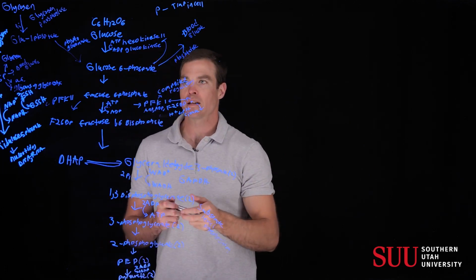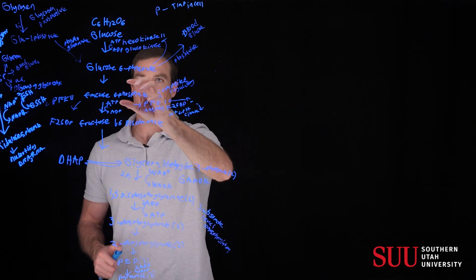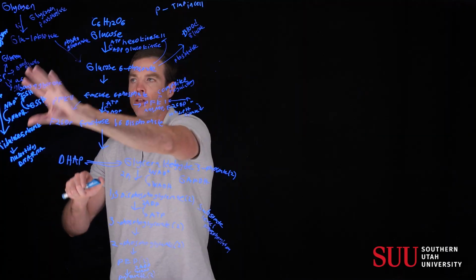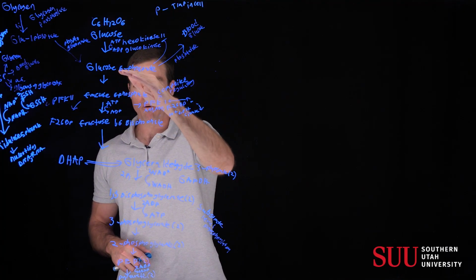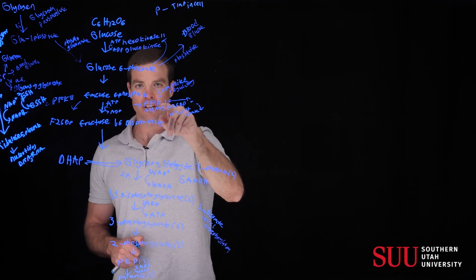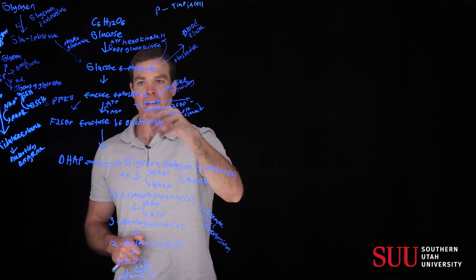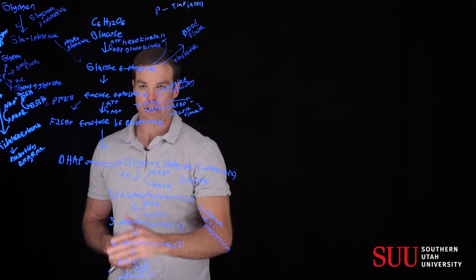My point is that glucose 6-phosphate is kind of the hub of all these many other pathways. But once you get through fructose 6-phosphate and go through this enzyme PFK1, that's when everything changes. That's a committed step, and you're going all the way down to pyruvate.